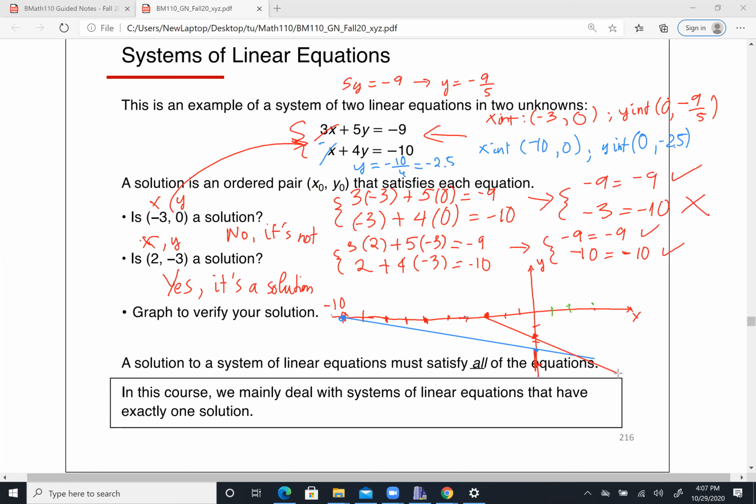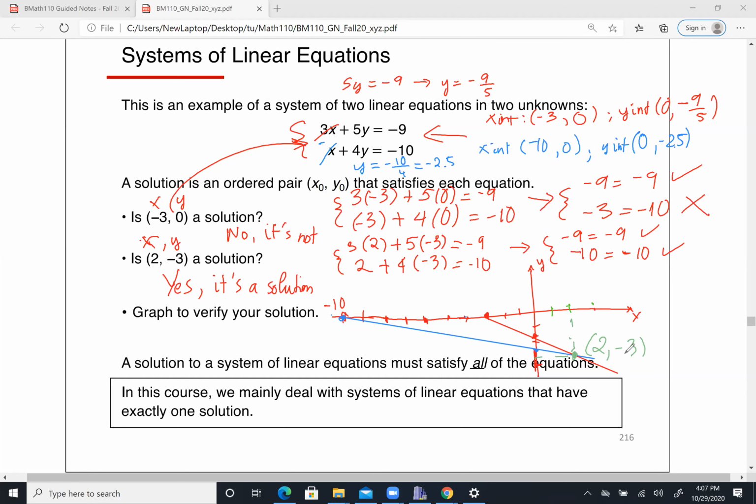So then now we have the intersection is here. So it looks like it's 2 and then 3. And that's going to be the solution.